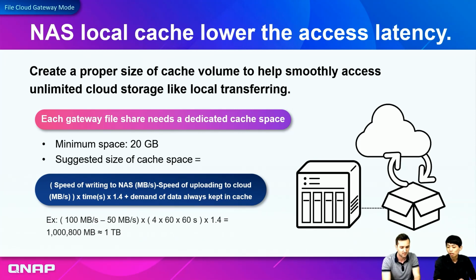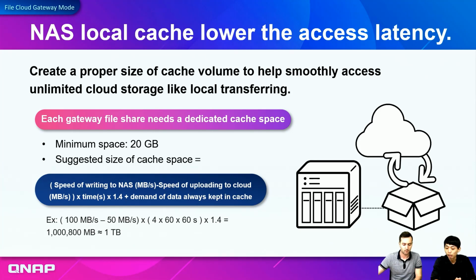Yes. So these formulas we can separate into two parts. The first part is the uploading part, because when we upload a file, we write a file to the NAS, and we hope the NAS helps us upload to the cloud. Right. So the file will be temporarily stored in the cache space. How much size you need depends on how much file you will store in the NAS at that time. So you can see this formula.